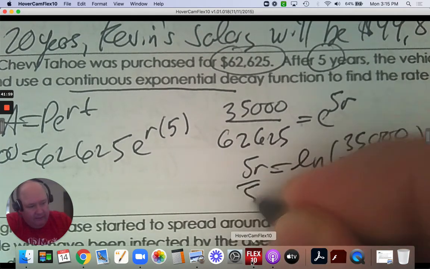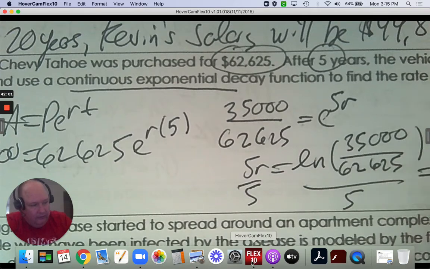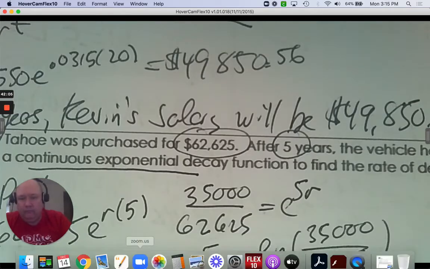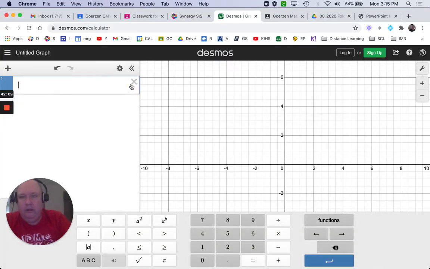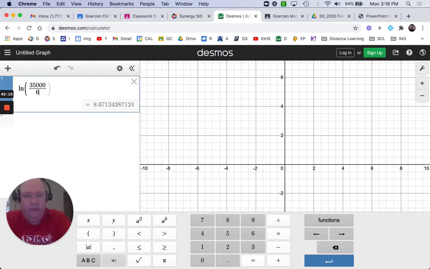And then divide by 5 and then use your calculator. So we're going to go ln 35,000 divided by 62,625, and then that's divided by 5.